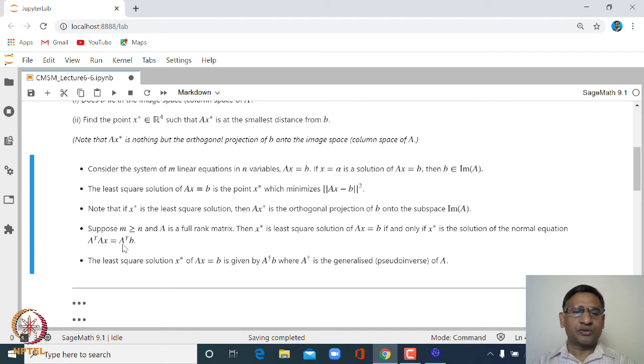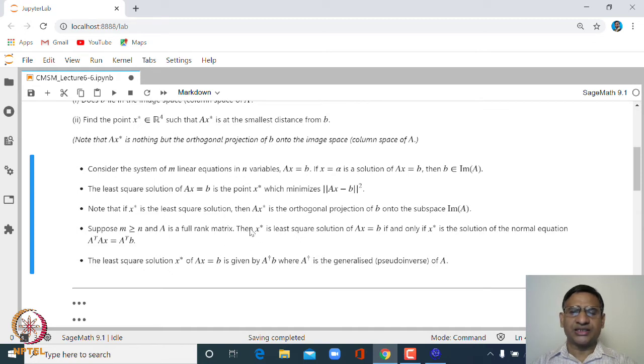Now suppose m is greater than or equal to n, that is, you have more equations than the number of variables. And let us assume that A is of full rank, that means the rank of A will be n here.